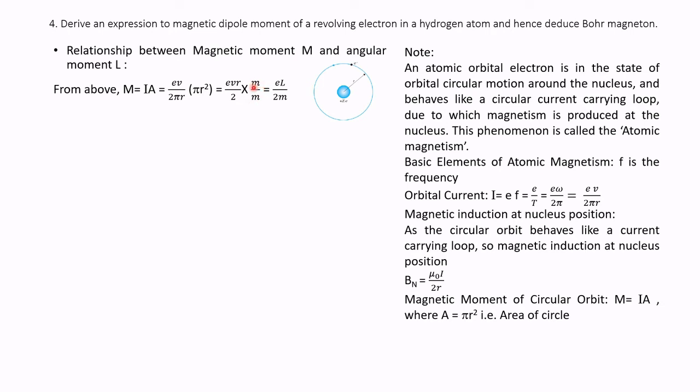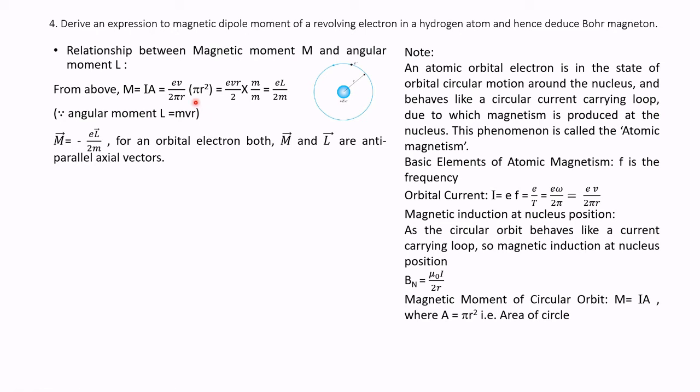So, multiplying and dividing, we get e v r by 2 into m by m, that we can write as e divided by 2m, times m v r. The term m v r is equal to L. L is the angular momentum, because angular momentum L is equal to m v r.